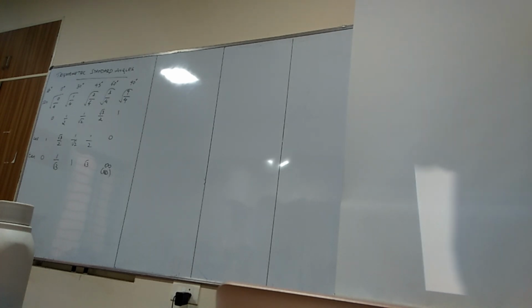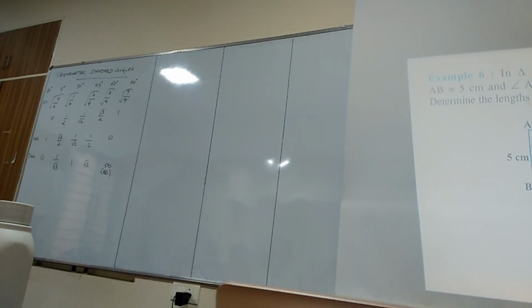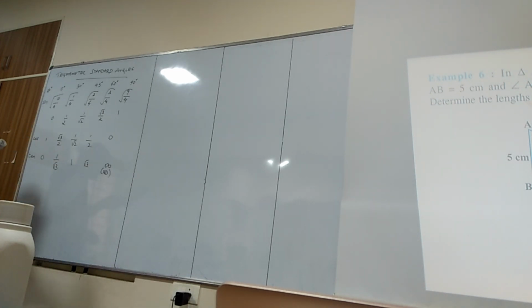Okay, example number 6. Example number 6 reads like this. In a triangle ABC, right angle at B, you can see the right angle over there at B. Then AB is 5 centimeters, angle ACB is 30 degrees.